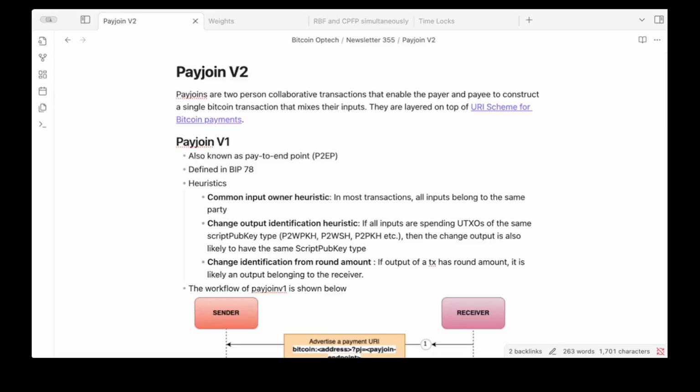So you can confidently arrive at these kinds of deductions from a standard way of constructing transactions.